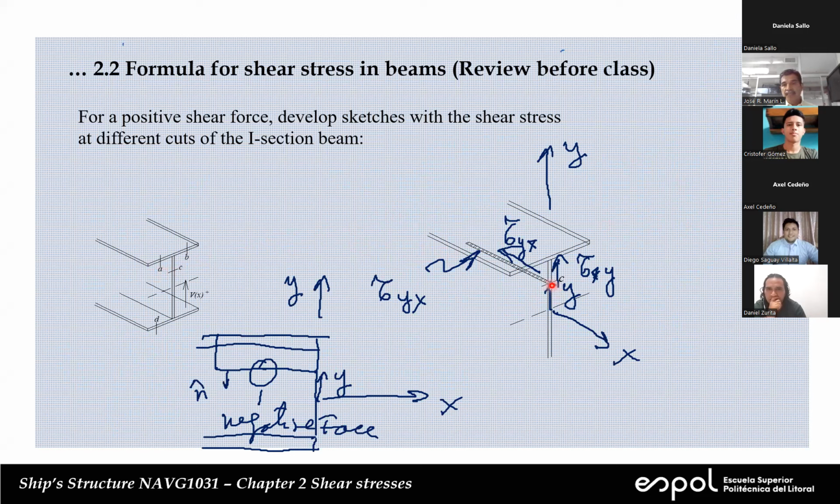Again, we start here and we consider all of this as the sector. So we have this line, cross area, and we're going to determine the stress in that cut, right? Because here and here, tau is 0. Again, this is the direction of the stress because this is a negative face, right?